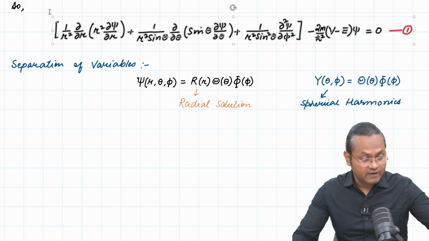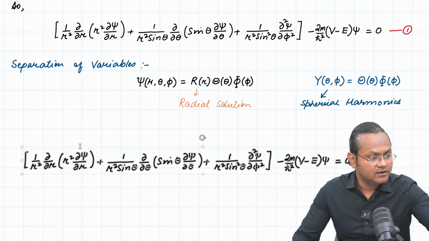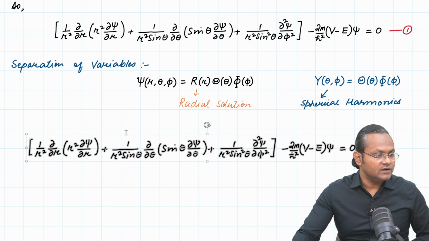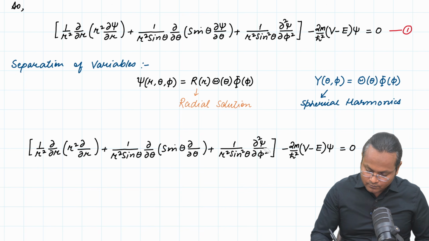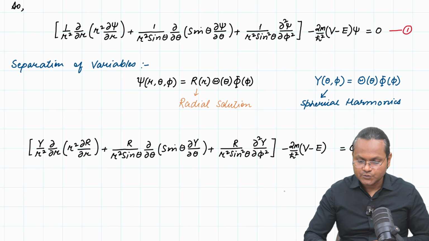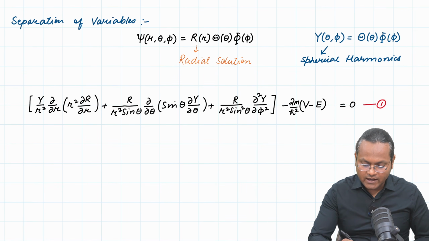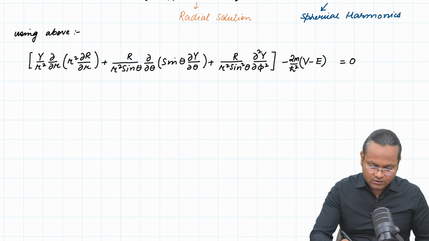So instead of writing everything together, let me copy and paste it here and simplify it further. Instead of psi, I'm going to write R and Y here. If I divide the entire expression by RY, what I'm going to get is this will be gone from the last term.